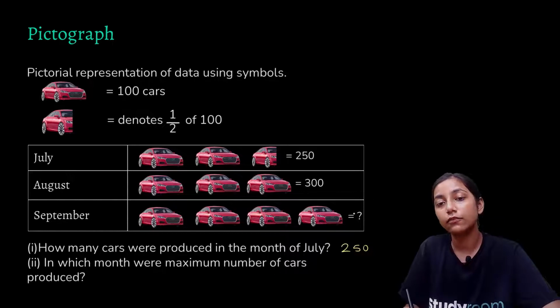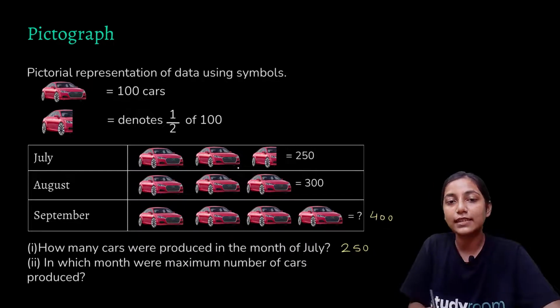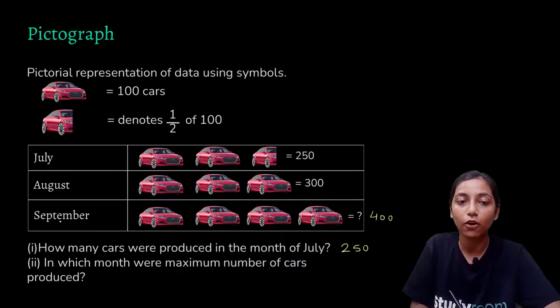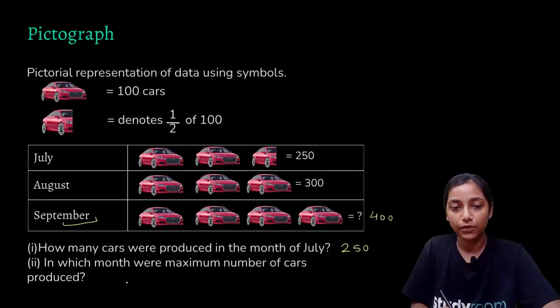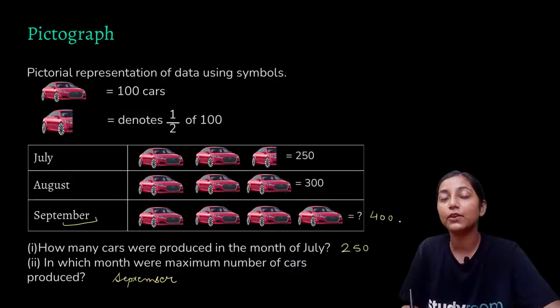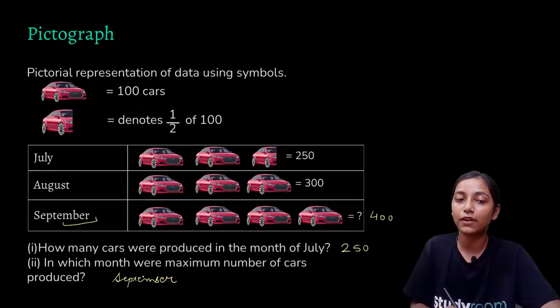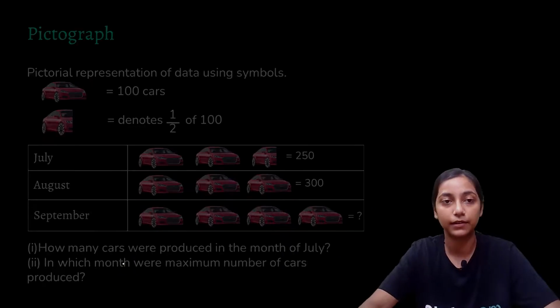So 100 4 times equals 400. So we can see from this pictograph that the maximum number of cars are produced in the month of September. So the answer of this part will be September. In the month of September, you can see that we have 400 cars being produced.